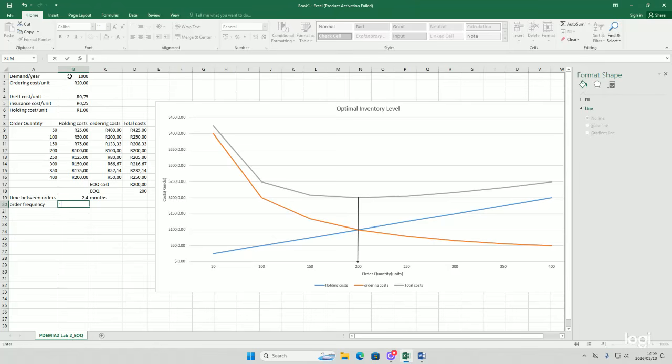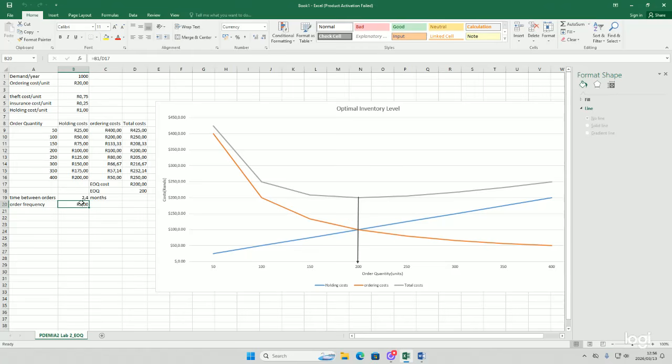So now it's your demand per year divided by your EOQ cost. That's how you calculate your order frequency.